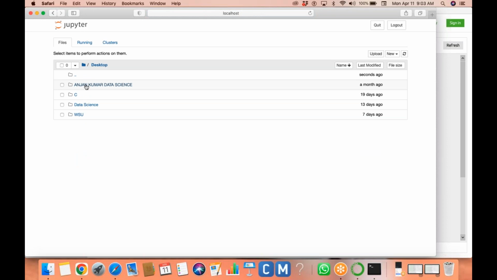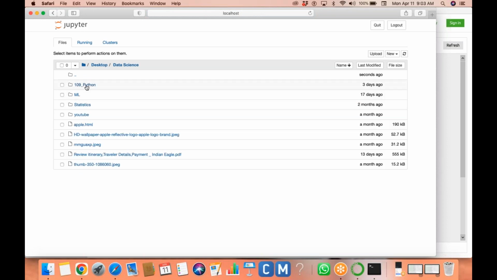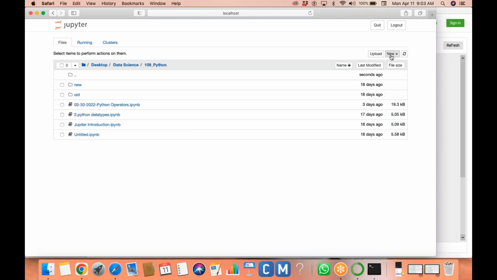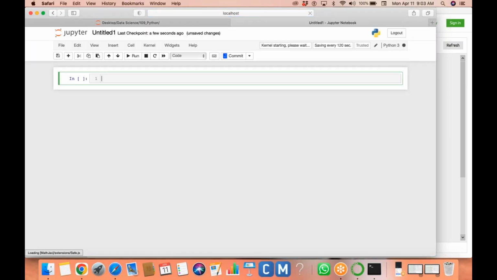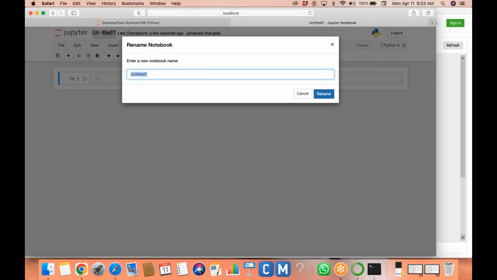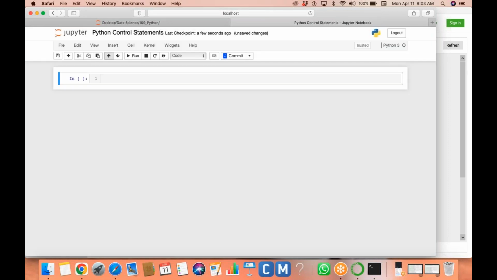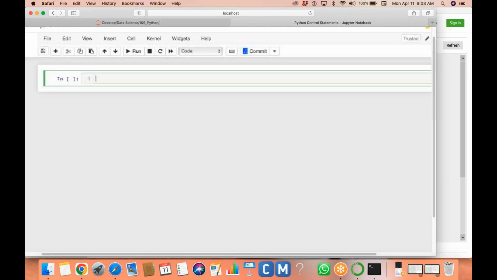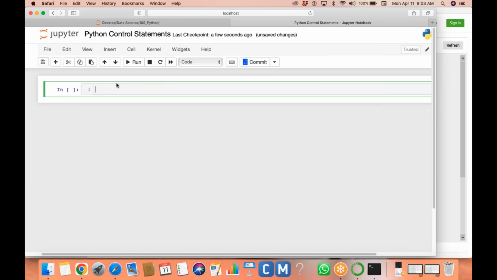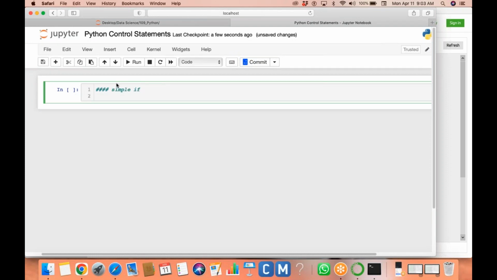Now let me create a new Python 3 file, and the name of that file is Python control statements. Once we are in the Python control statements, the first one is simple if, right? Let's go for understanding the simple if.